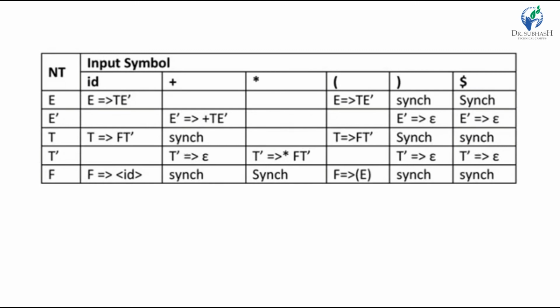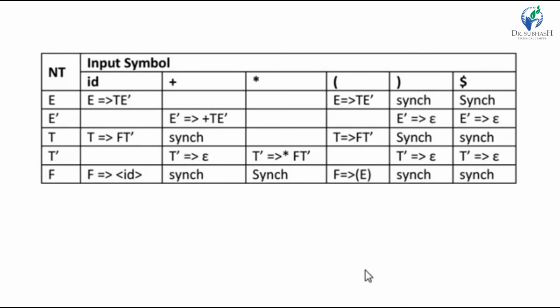So the follow of E is dollar and closing bracket, so here I can write synchronize in these two. Then for E dash, follow is dollar and closing bracket, but it has an epsilon entry, so no need to write the synchronize token.